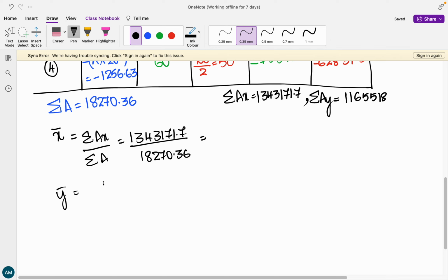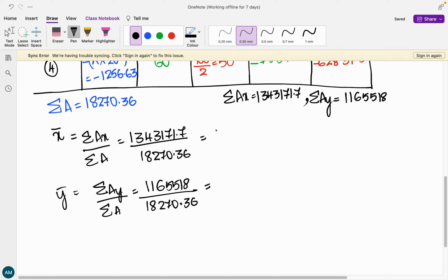Similarly, y bar is equal to summation a into y divided by summation a, which is 1165518 divided by 18270.36. Make sure that you do the calculations. Be careful with respect to the decimal point. Usually that is where the mistake is going to happen.